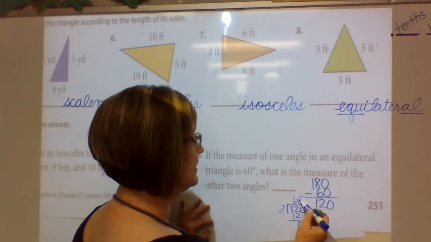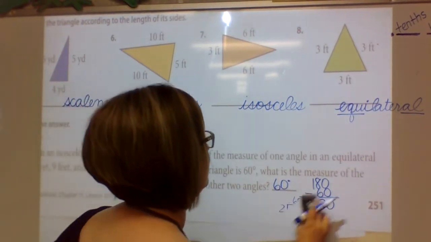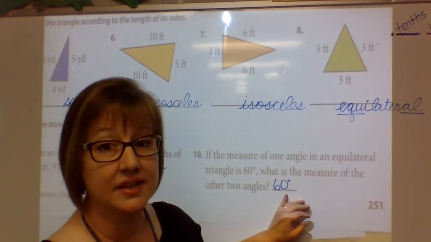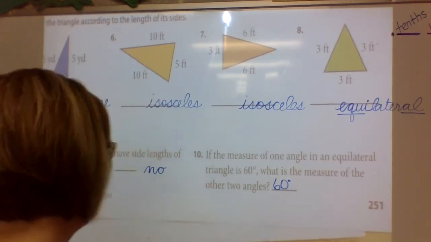So 60, 60, 60. All of them have to be 60. So anytime you have an equilateral triangle, they're all going to be 60, 60, 60 because there's no other way to do all three sides the same and equal 180. So you can remember that.